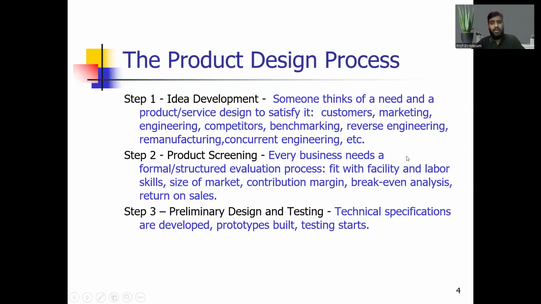So if you have a production facility, if your labor has the required skills, if the market is very big, if the contribution margin is positive, if you can reach break-even easily, and the return on your investment, return on your sales is better, you will choose that idea. One of the common components of product screening is break-even analysis.